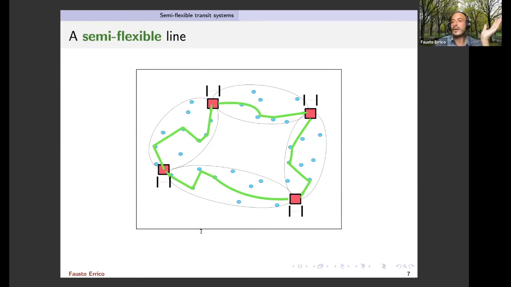Here there's only one line, but there could be many lines interrelated. At the operational level, there are a lot of decisions to take. You receive a certain number of requests: which one do you accept, which one do you reject? Actually, what is your policy? Do you accept, reject, or postpone?